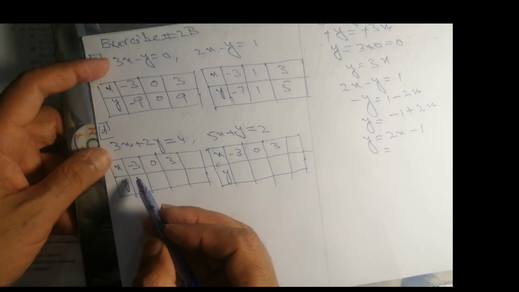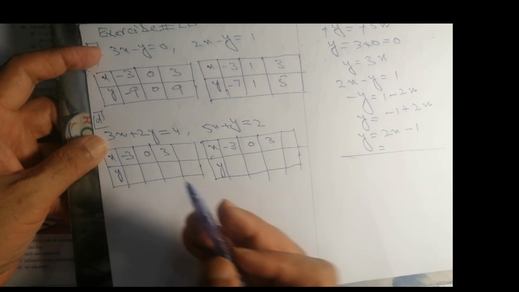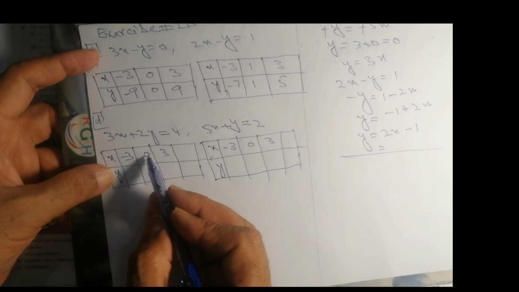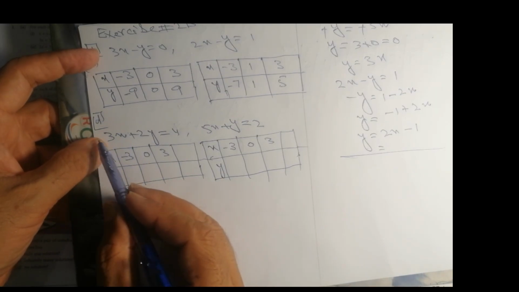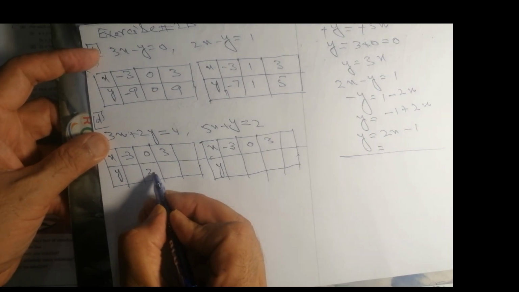So put the values. For example here, if we put x equal to 0, then 2y equals 4, and y equals 2.